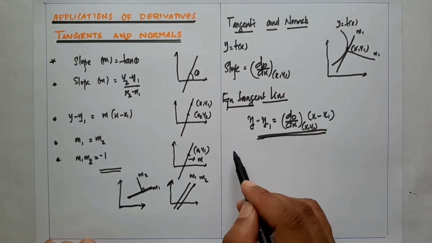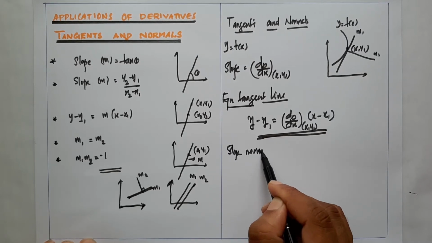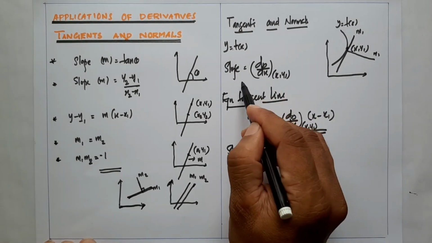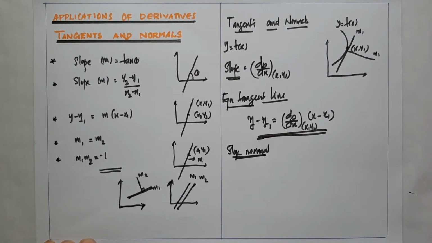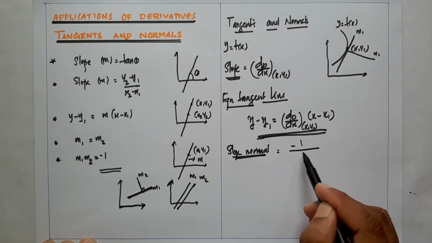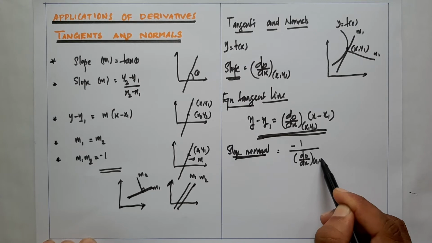That is the slope of the normal. The slope of the normal is the negative reciprocal of the slope of the tangent. Here the slope of the tangent is dy by dx at x1 y1, so the slope of the normal is minus 1 divided by dy by dx at x1 y1.